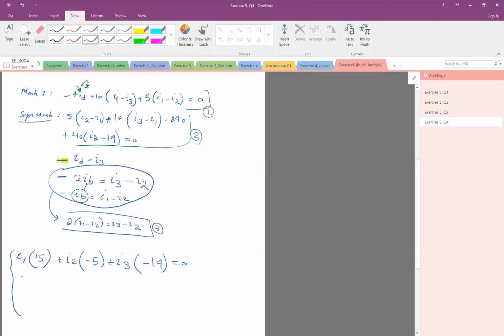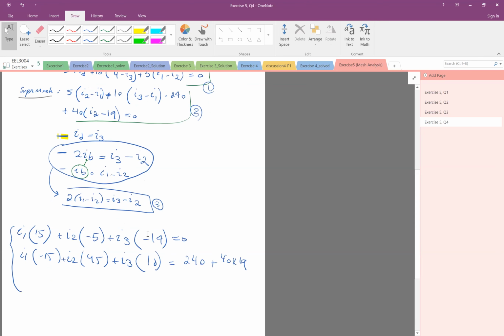From the second equation, I1 times, I have a -5 and -10, -15, I1, plus I2 times, I have 5I2 and 40, 45, I2, and then I3 times 10, I3, is equal to 240 plus 40 times 90.